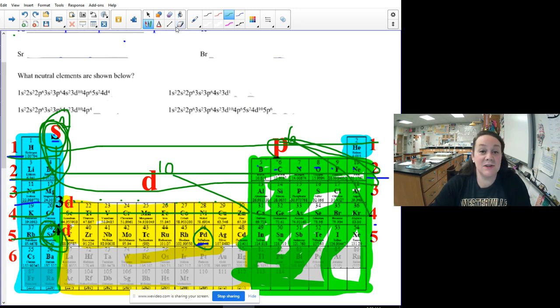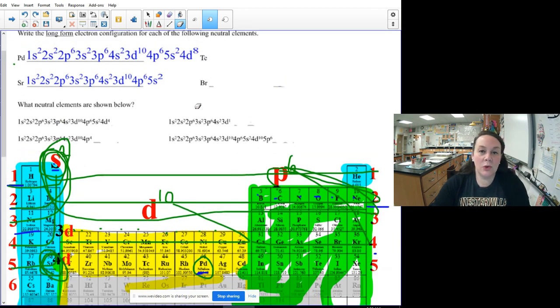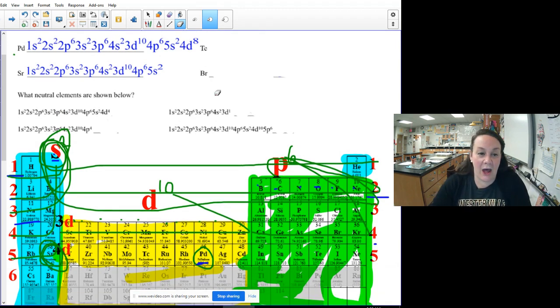That's where we would stop in order to do strontium. Okay, so you're going to want to go through, do the last 2 by yourself, and then check the answer key that's under this video, and hopefully you're feeling swell with that.